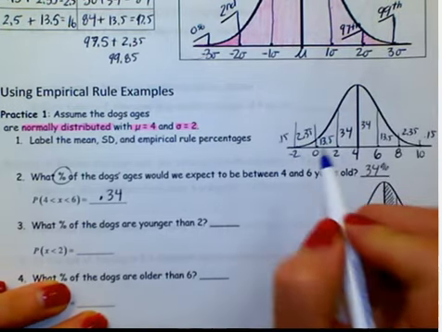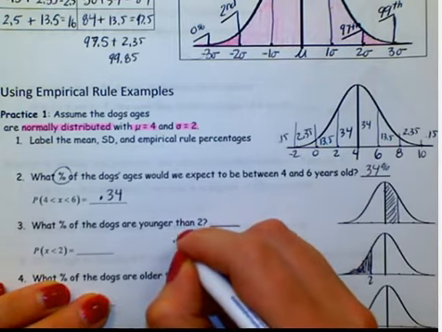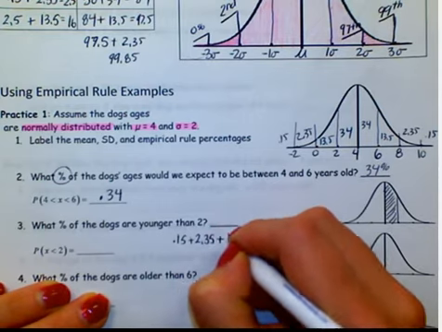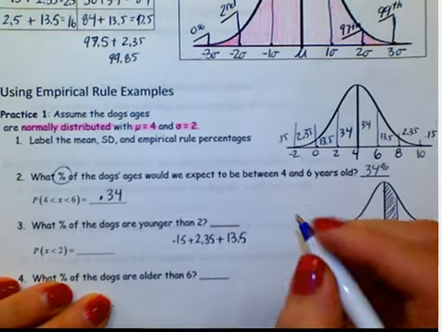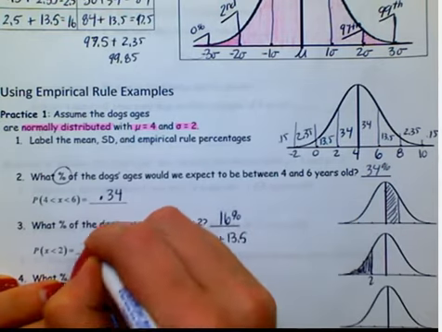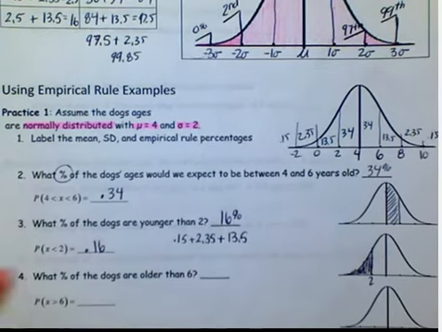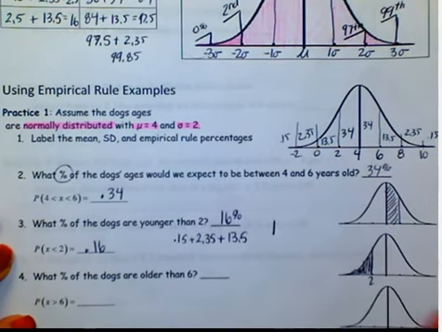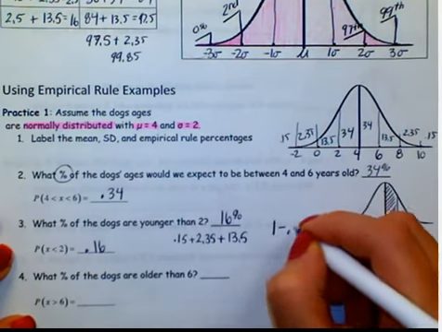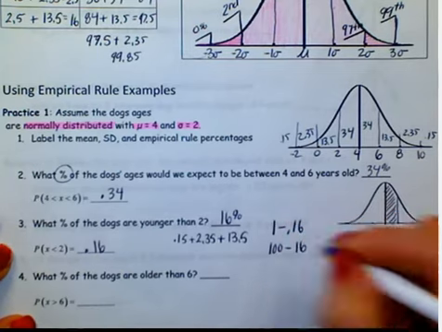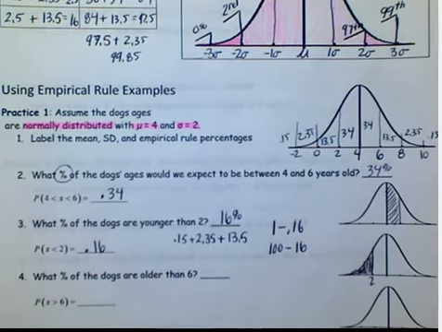So that would be these three numbers. 0.15 plus 2.35 plus 13.5. And so that gives me 16%, or probability 0.16. Notice that this could also be the whole of 1 minus 0.16, or 100% minus 16%.